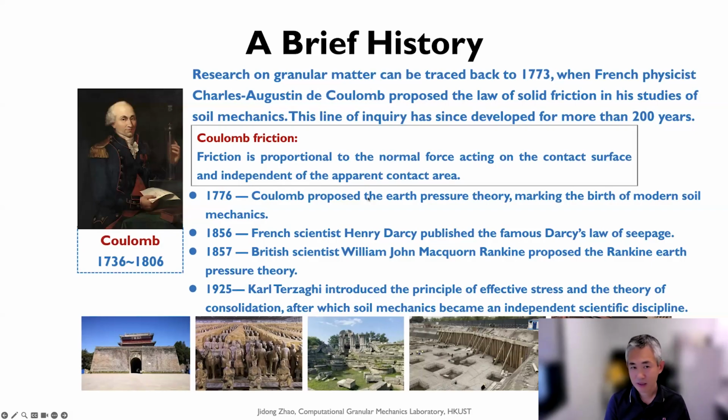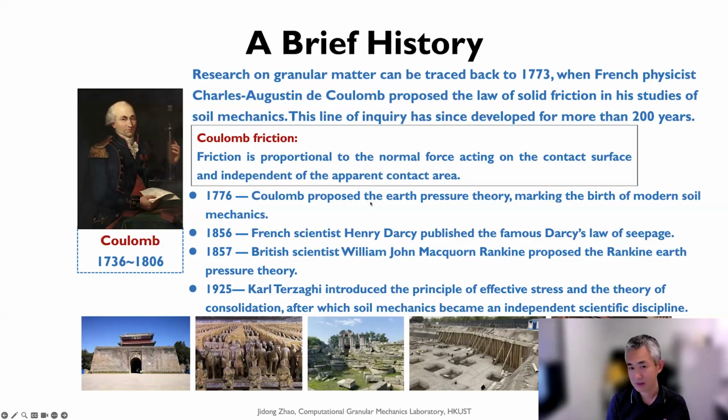Based on that, in 1776 he proposed the earth pressure theory, which is a foundation of modern soil mechanics. Indeed, the earth pressure theory also involves the friction coefficient, or friction angle, as very important.